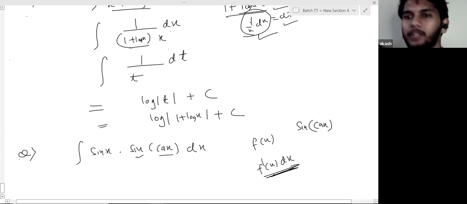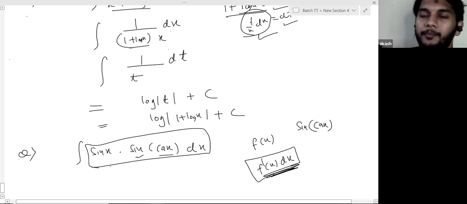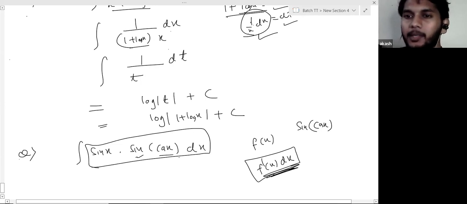Take all the functions you can see, put that as t, differentiate, see if you can get f dash x dx written here in this question. Am I making any sense, Ahmed?